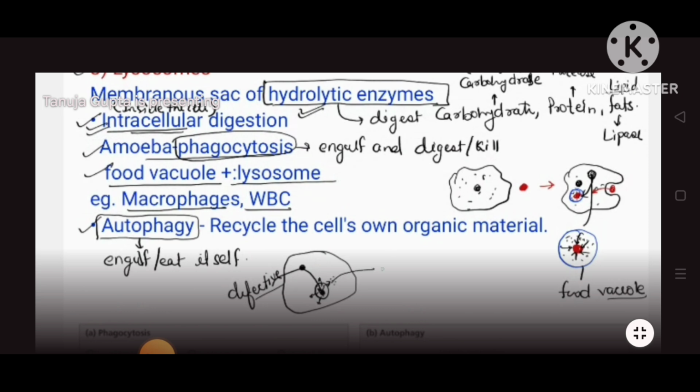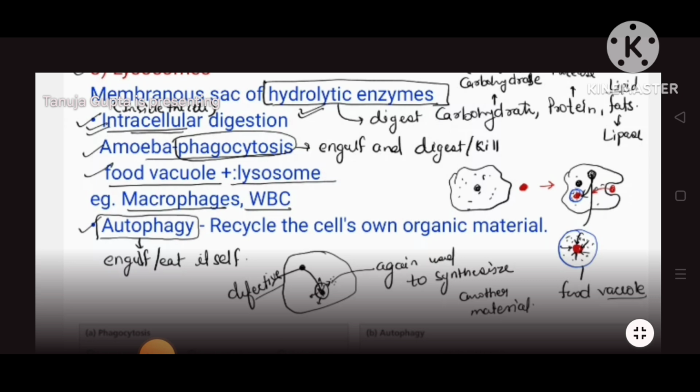These nutrients are again used to synthesize another material. So it's like recycling. In recycling, we break down the material into its simplest form and again take those simplest forms to make another material, right?